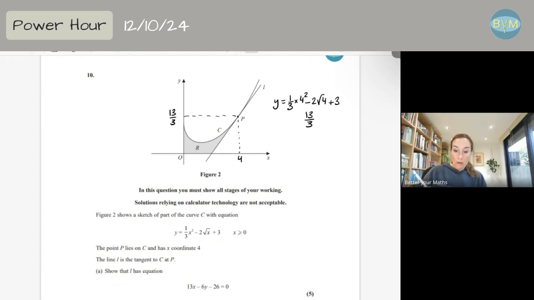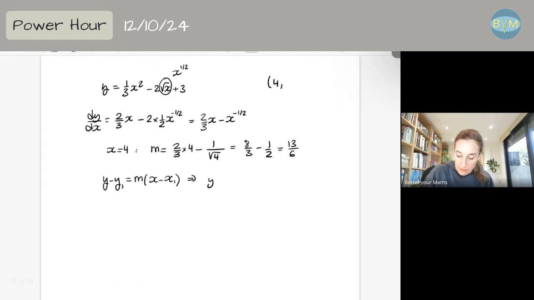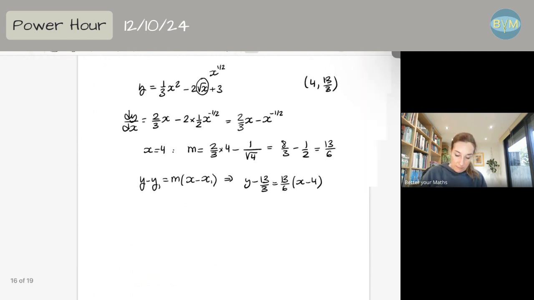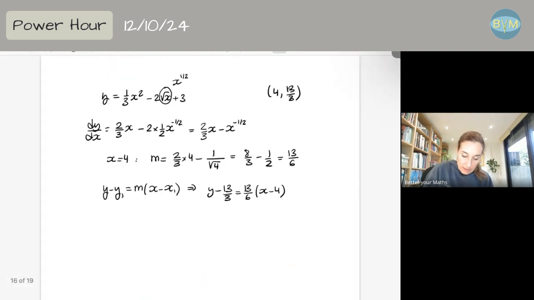Now if I go back to my line, I have y minus 13/3, and 13/6 is the gradient, times x minus the x of the point. And this is the equation of the line. We just need to make it look like this one here, so we want all the terms simplified on one side.